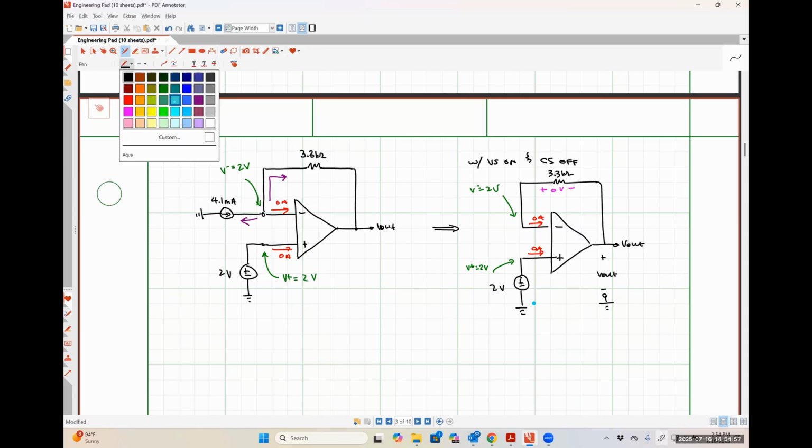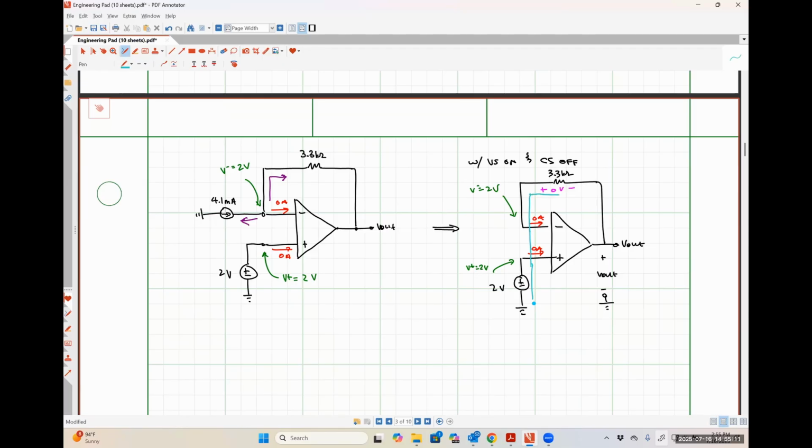If I started down here, I would have negative 2 volts. Then I go across my input terminals. I know there's no potential difference between my input terminals, so that looks like 0. Then I go across my 3.3 kilo ohm resistor. That looks like 0.